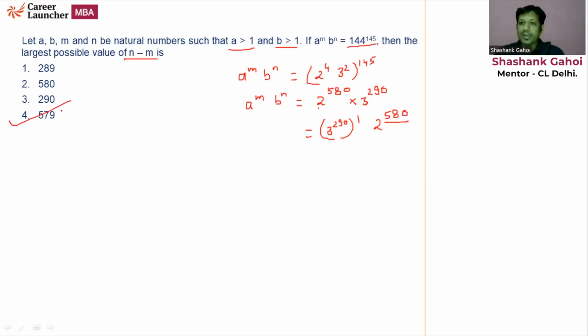Now this was a very tricky question, because in general, the majority of the people get the answer as 580 minus 290, that is 290. But you can assume the number as this itself. So this number actually has power 1. So the difference of power is going to be 579, not 290.